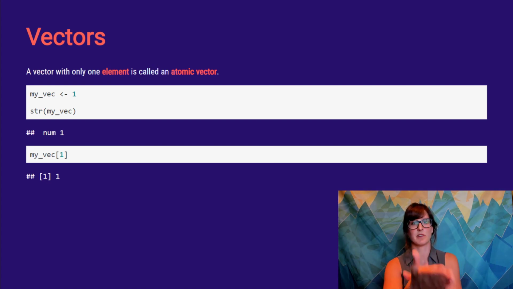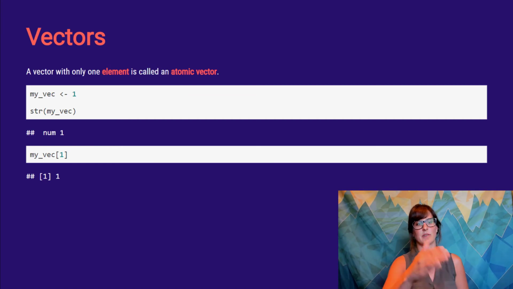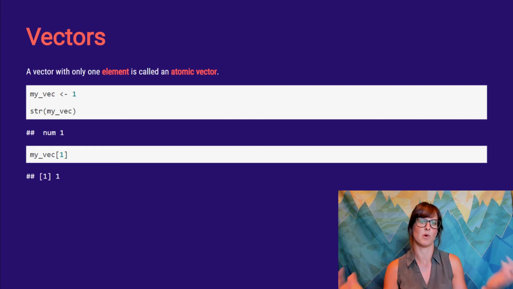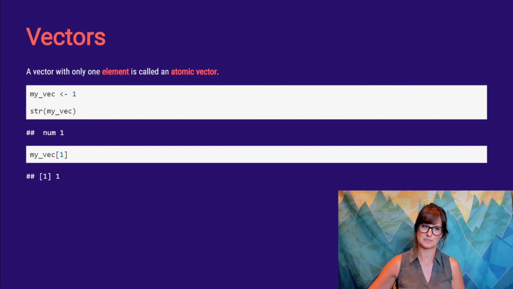And we can see that because if we look at the structure here, it says, well, look, it's numeric. And if we look at the first element of this vector, it is that value 1. This is no different from a vector of more values. It's just only got the 1 element.